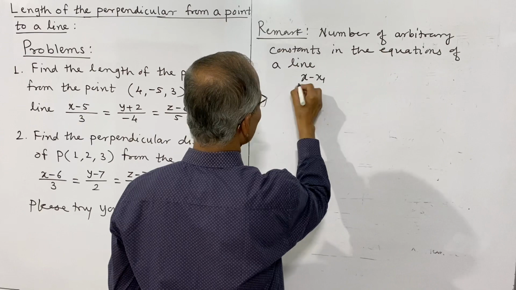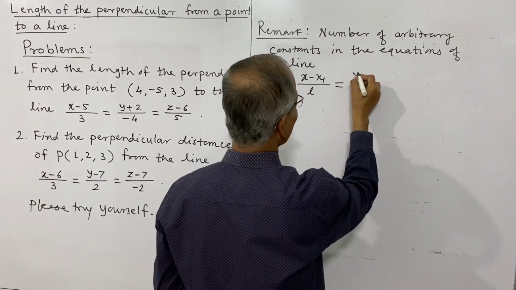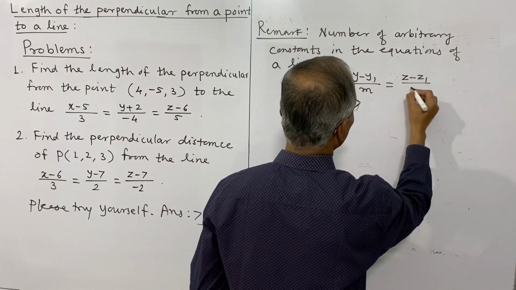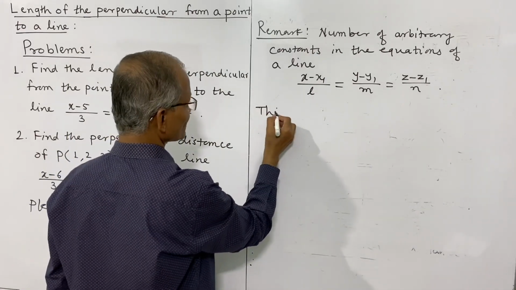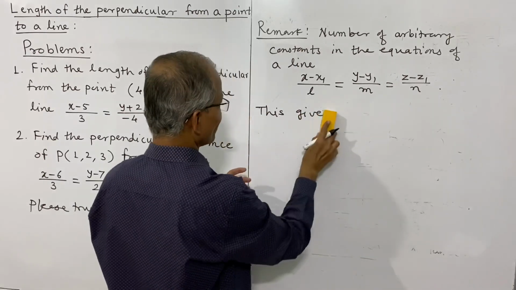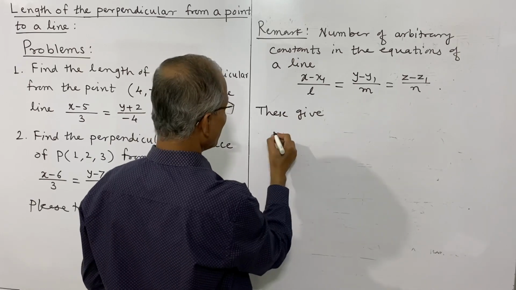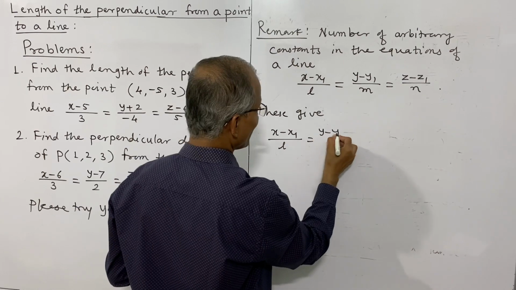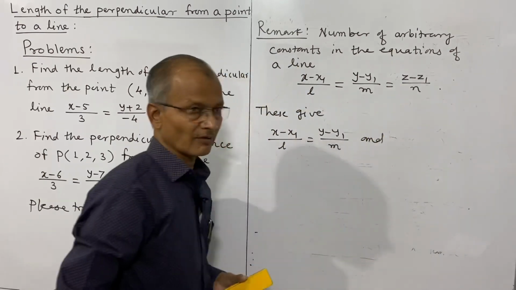x minus x1 divided by l, y minus y1 divided by m, and z minus z1 divided by n. So this gives two separate equations: x minus x1 divided by l is equal to y minus y1 divided by m, where first and second we have equated.